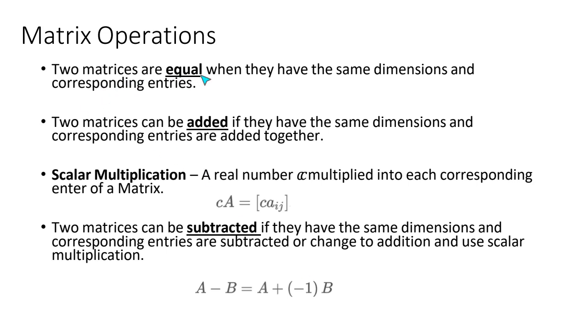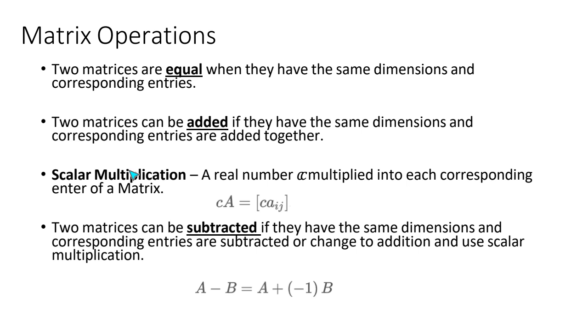Two matrices are equal if they have the same dimensions and the same entries. We can add them if they have the same dimension. Remember, dimension is just the size of the matrix. And the way we add them is we add the corresponding entries. We have something called scalar multiplication. And all that is a number that's being multiplied into the matrix.